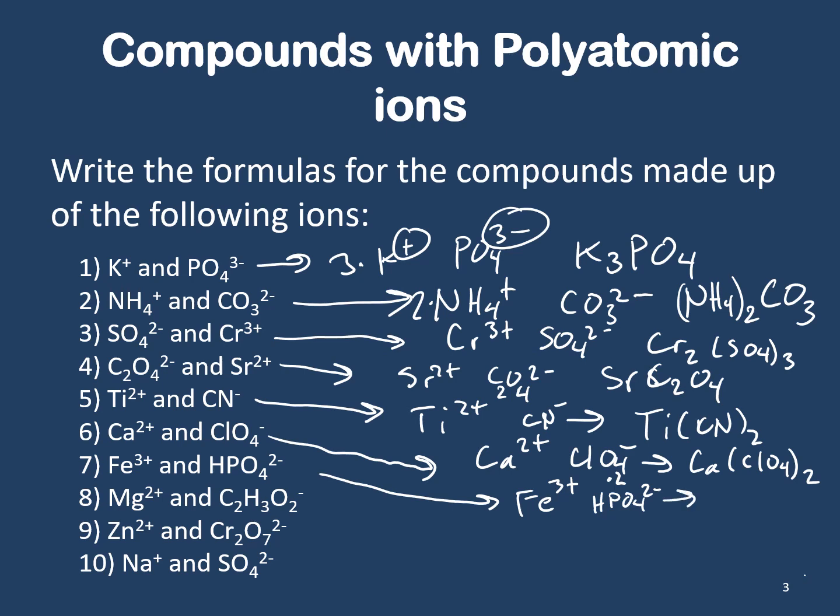We're going to need 3 and 2, or sorry, 2 and 3 of either of these. 2 irons and 3 hydrogen phosphates. This gives me Fe2 parentheses HPO4 3.